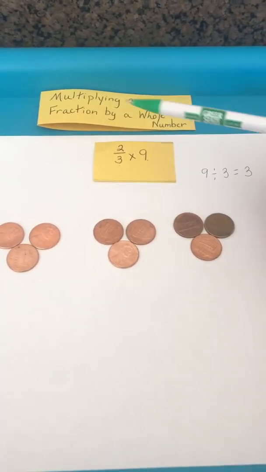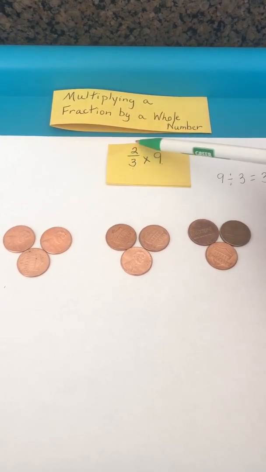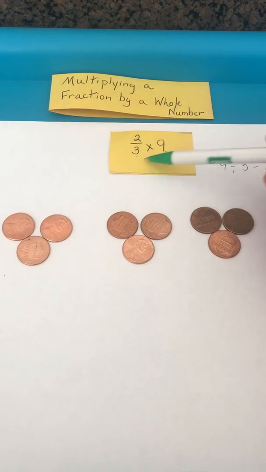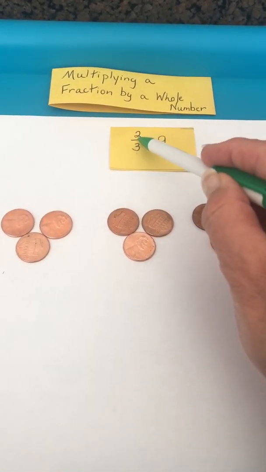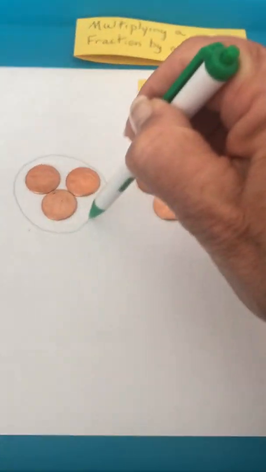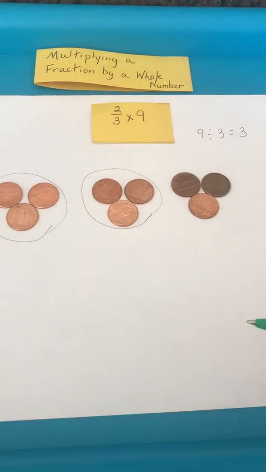And this time, I'm going to focus in on my numerator. The numerator is going to tell me what my answer will be. I need 2 of those 3 groups. So here is group number 1. Here is group number 2.